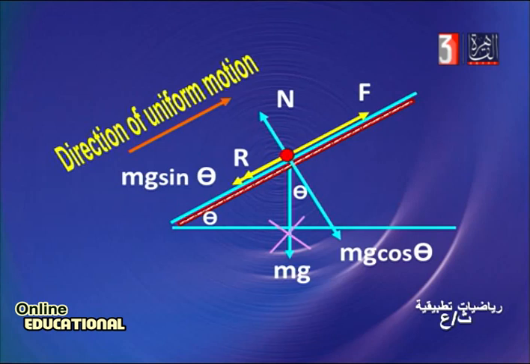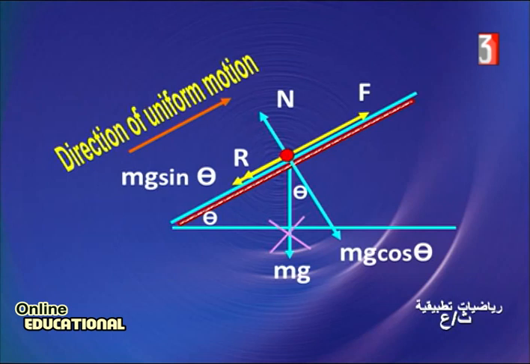The first force, the engine force F, in the direction of the motion, and we have two forces in the opposite direction of motion. The first one is the component mg sine theta, and the other force is the resistance, which is R, in the opposite direction of uniform motion.